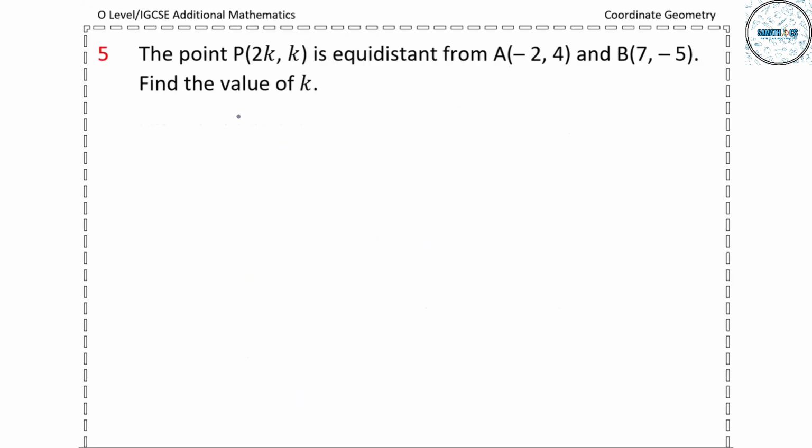Another question in which the point P (2k, k) is equidistant from A (-2, 4) and B (7, -5). Find the value of k. Equidistant means at equal distance.